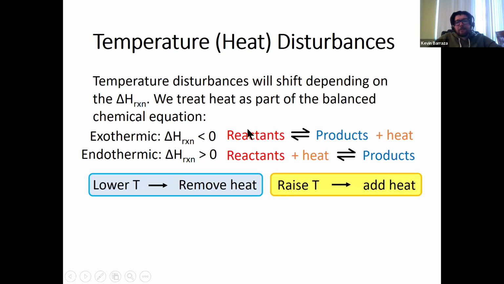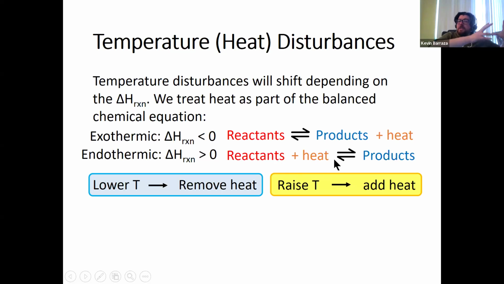So if I were to have an exothermic reaction, and I made this equilibrium reaction hotter, it would be as if I added more product. In this case, adding more product, I need to use up that product. It will go to the reverse. And if I added more heat to an endothermic reaction, I would treat it like adding a reactant.